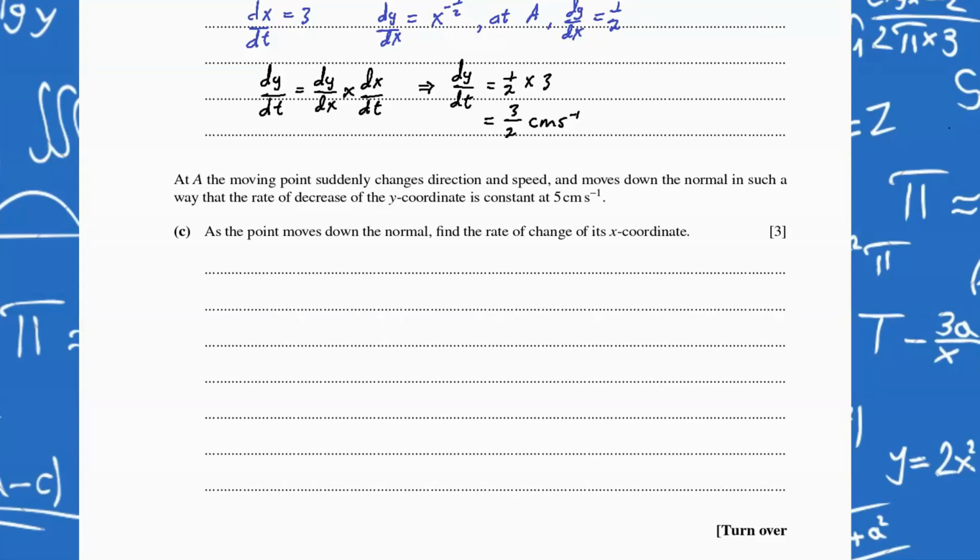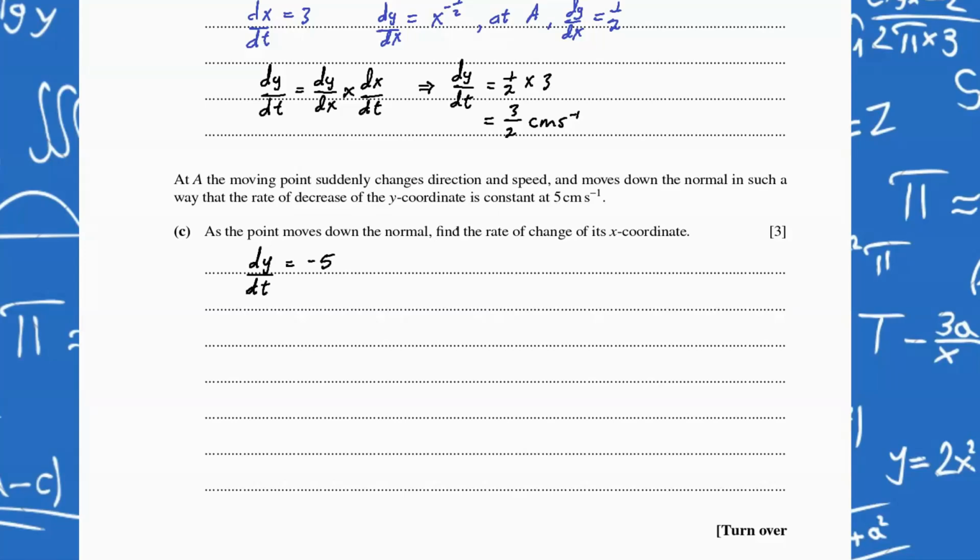So it says as the point moves down the normal, find the rate of change of its x coordinate. All right, so in this particular case, we have been told that the rate of decrease of the y coordinate is 5 centimeters per second. So that's like dy by dt is equal to minus 5.